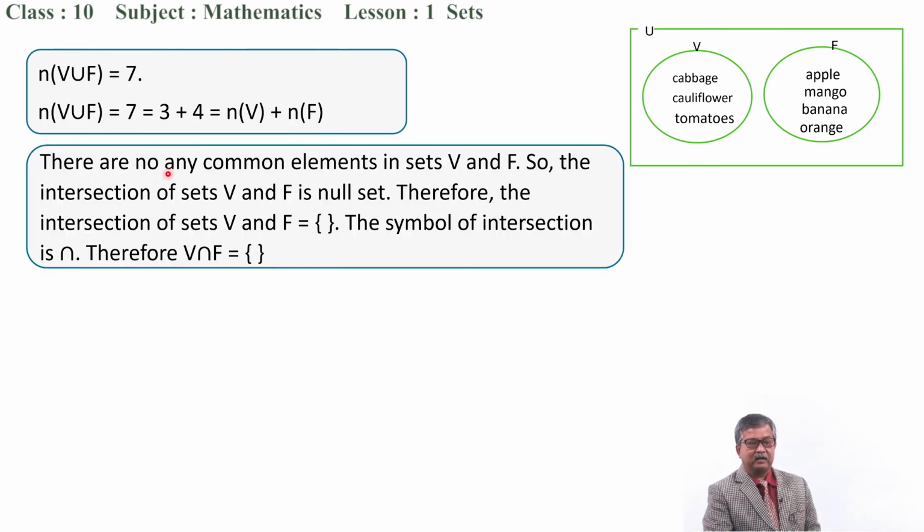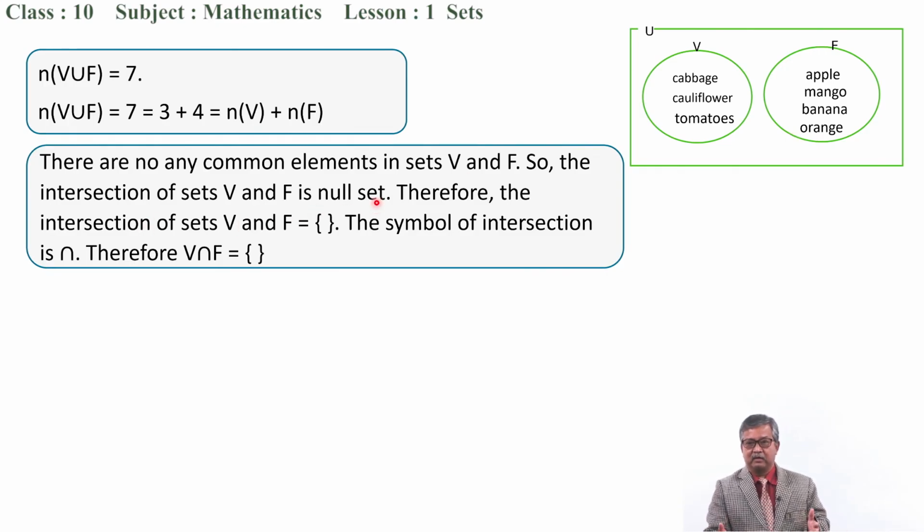Okay. So there are no common elements in sets V and F. So the intersection of sets V and F is the null set. In these two sets, V and F, there is no common element because these two sets are disjoint sets. So the intersection of sets V and F is the null set.